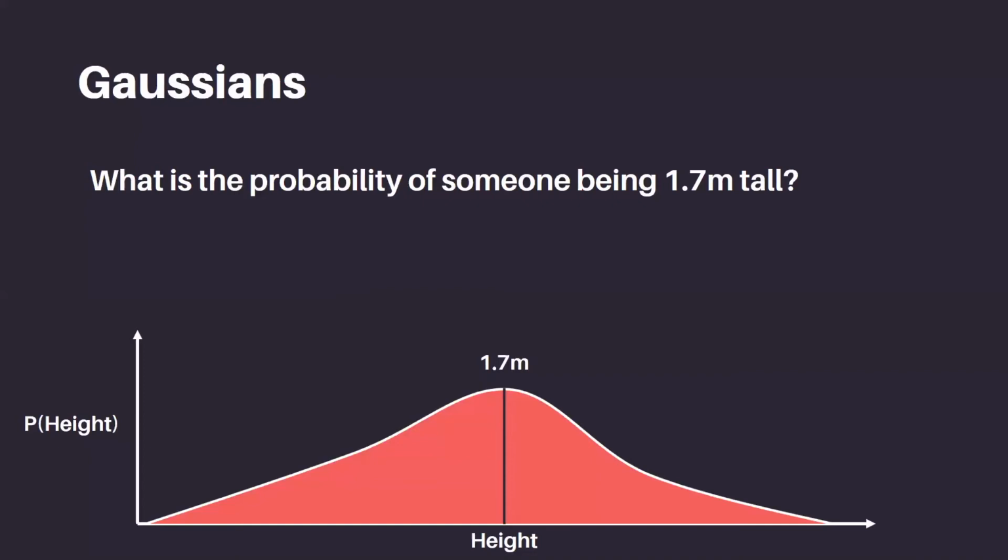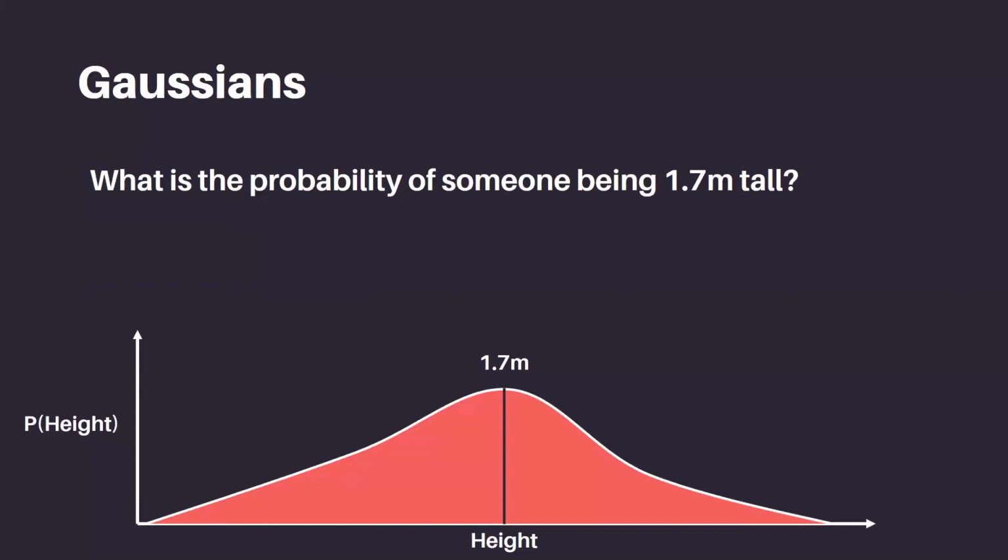As explained in linear regression, there's an infinite continuous line of heights. So someone can be 1.7 meters tall, and someone else could be 1.701 meters tall, and someone else could be 1.7001 meters tall. There's an infinite range. Therefore, the chance of being 1.7 meters tall to the exact atom will be incredibly improbable.